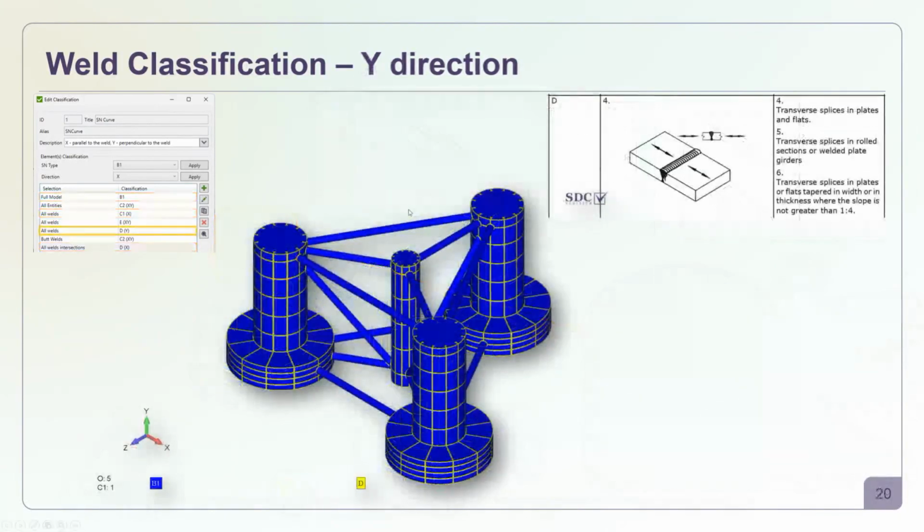Let's check the Y direction. Also, what I didn't mention regarding the weld finder, as I'm explaining these directions: the X direction, as shown before, is along the length of the weld, and the Y direction is perpendicular to the length of the weld.